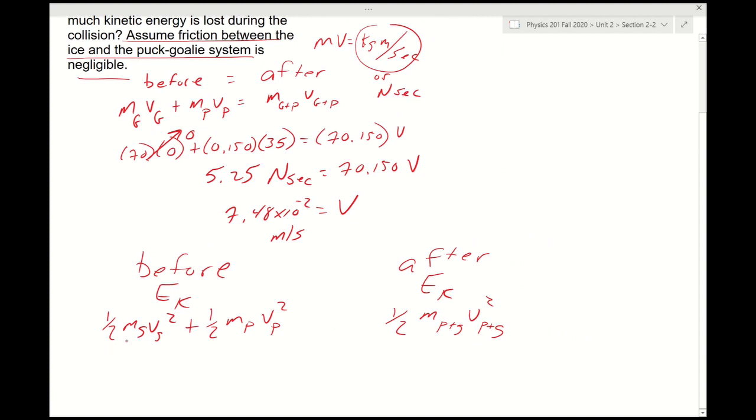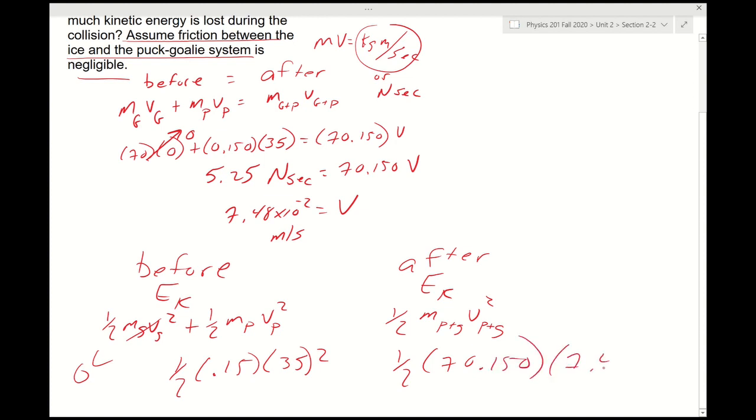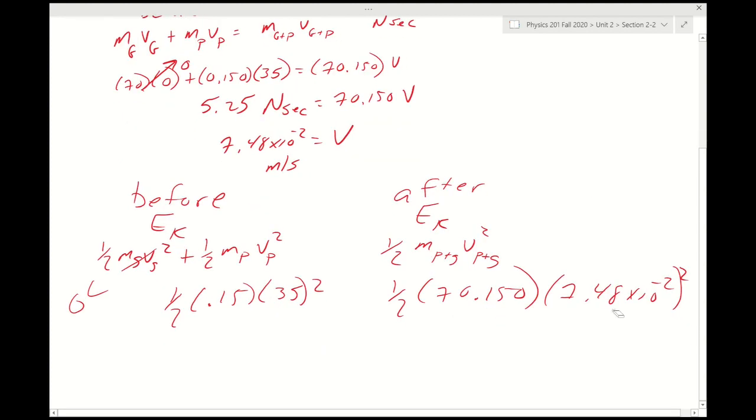So, since this term went to 0, since the goalie was initially at rest, the total mass of the goalie and the puck was that 70.15. So the total energy before was about 91.9 joules.